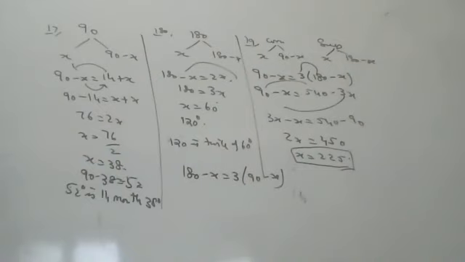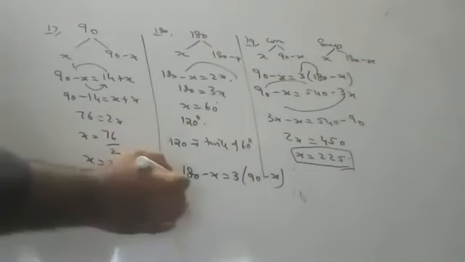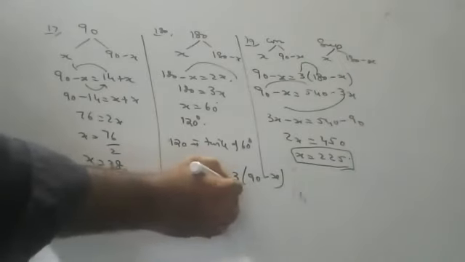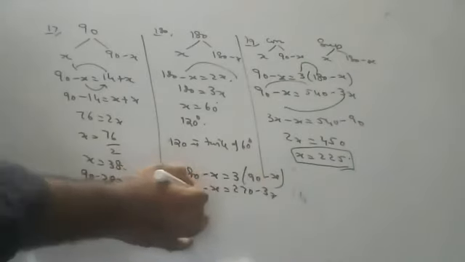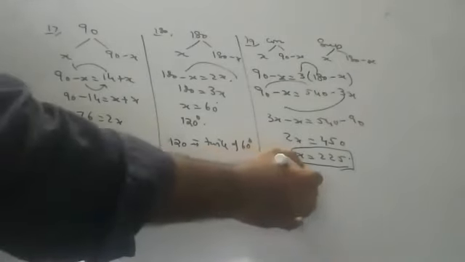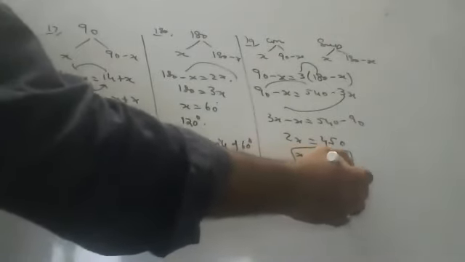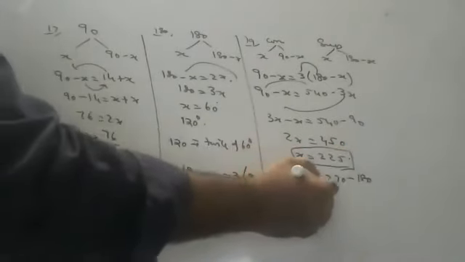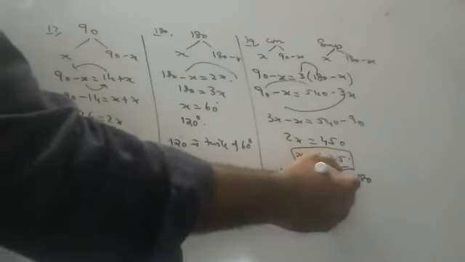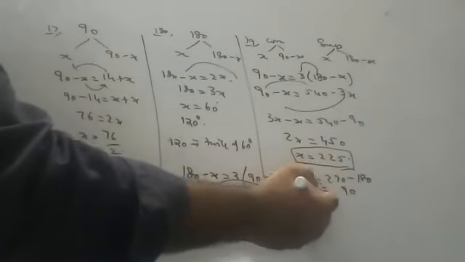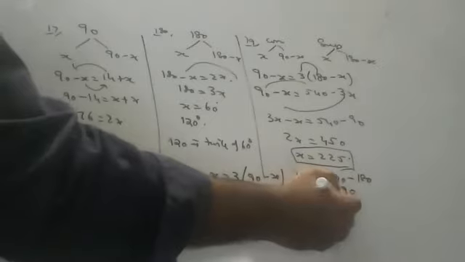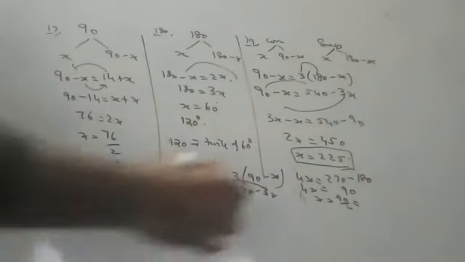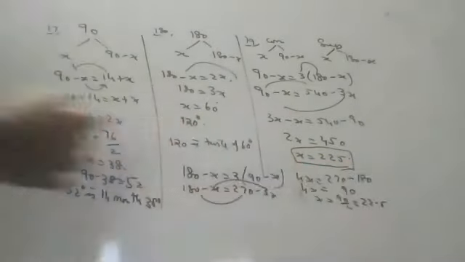Like that you should say. This also you can do. So 180 minus x is equal to 270 minus 3x. This goes there, this goes there. 2x is equal to 270 minus 180, 2x is equal to 90, so x is equal to 90 by 2, which is 45 children.